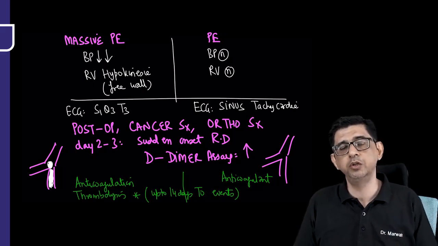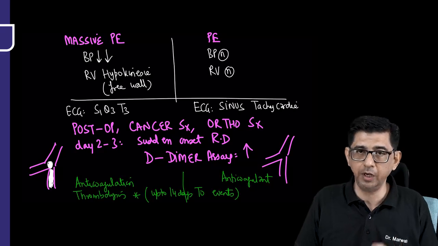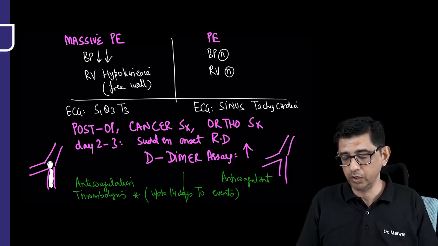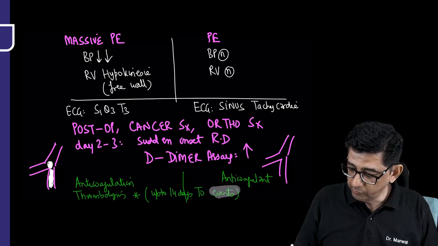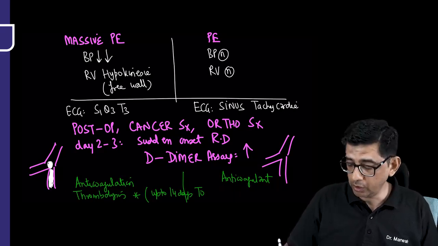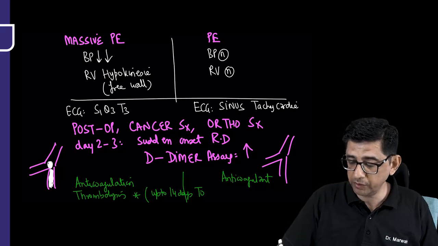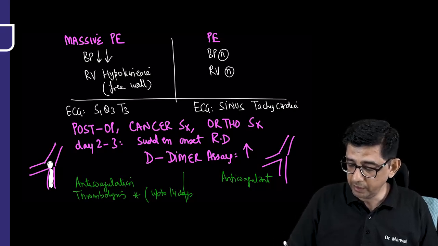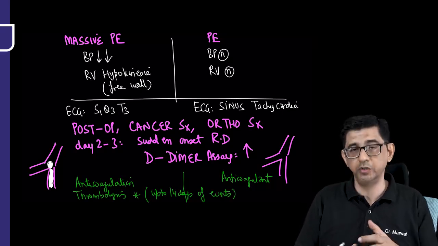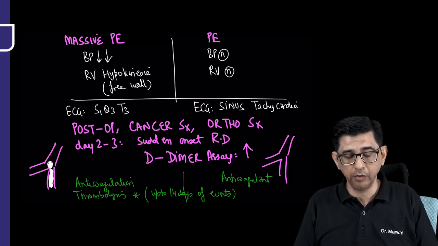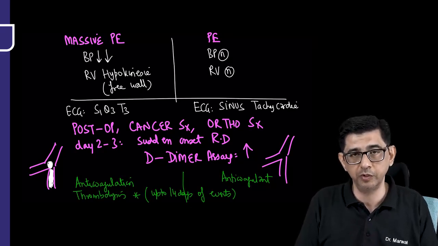In ST elevation MI, the door to needle time is 30 minutes. And here I'm teaching you that thrombolysis can be done up to 14 days of the actual event. The clot could have landed in the pulmonary circulation today, but the window of opportunity here is huge, and intervention will help in saving the life of these patients.